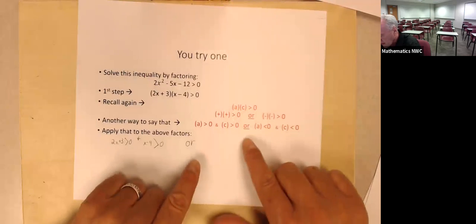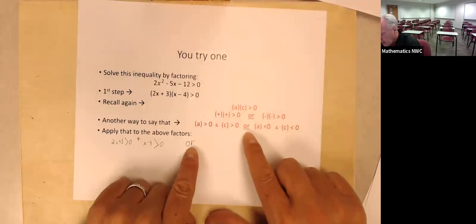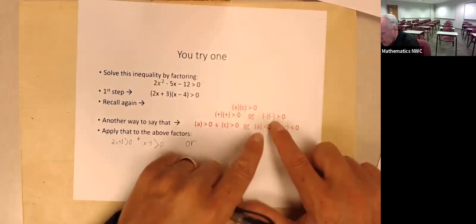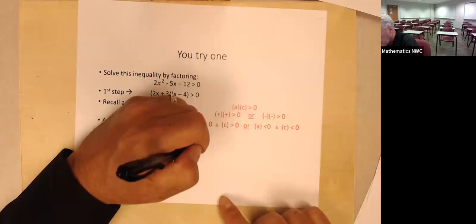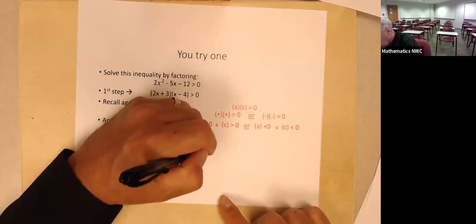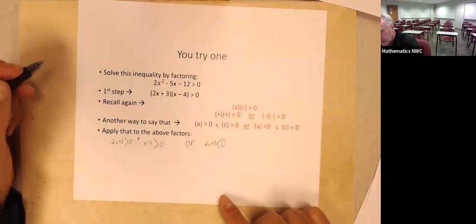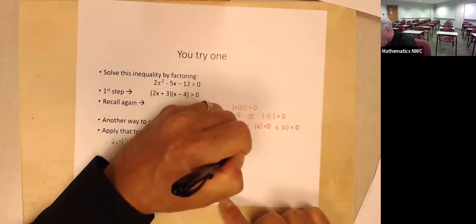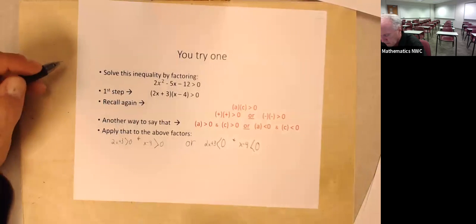Or, that's this or right here, they could both be less than 0. That would mean they're both negative. So I could take 2x plus 3, make it less than 0, and at the same time, x minus 4 is less than 0.